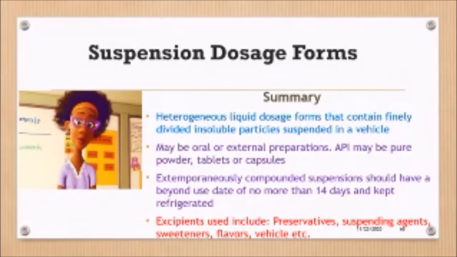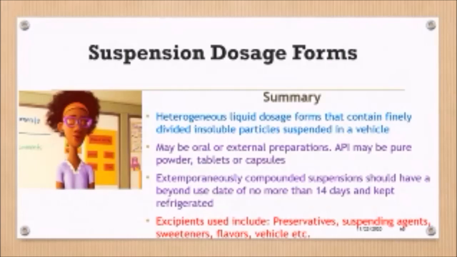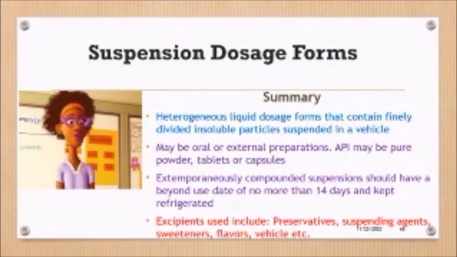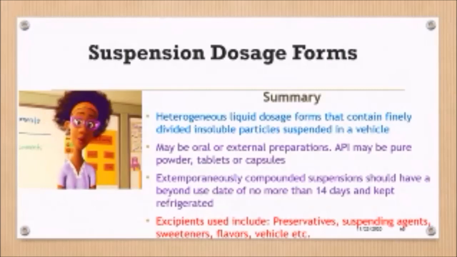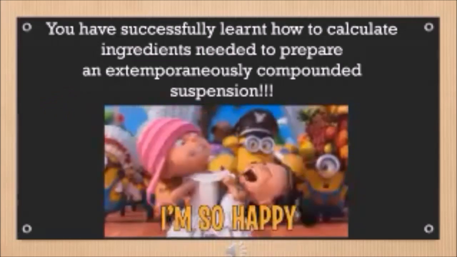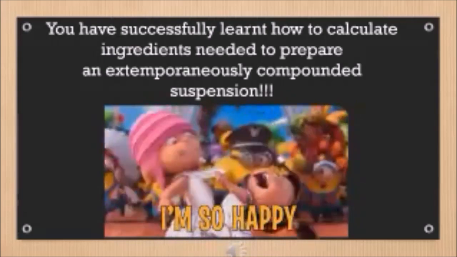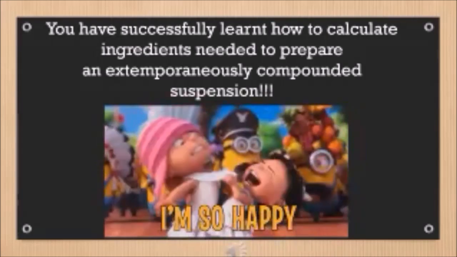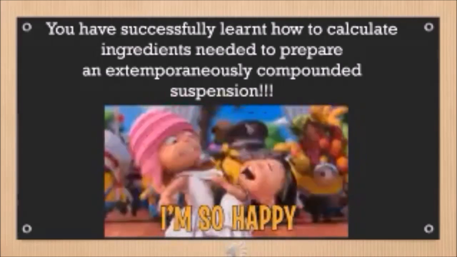The excipients that are used include preservatives, suspending agents, sweeteners, flavorants, vehicles, etc. There are other things like colorants, which we are not going to be introducing here because that is more into the realm of pharmaceutics, which we're not really doing here. All right, so you have successfully learned how to calculate ingredients needed to prepare an extemporaneously compounded suspension, and I'm very happy that you will be able to apply this knowledge going forward.